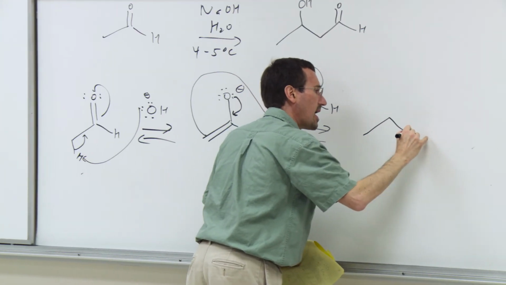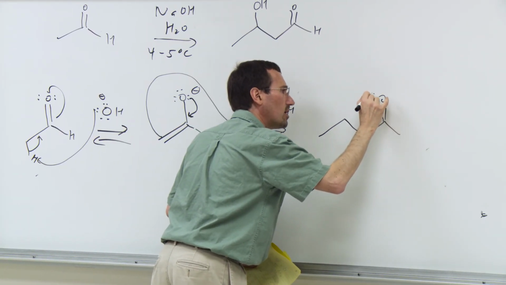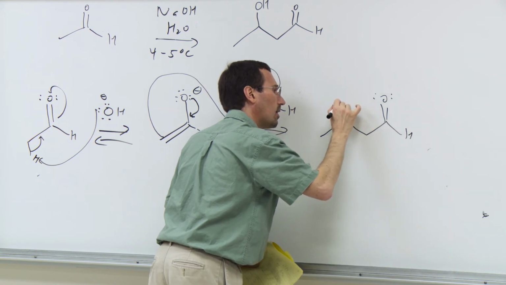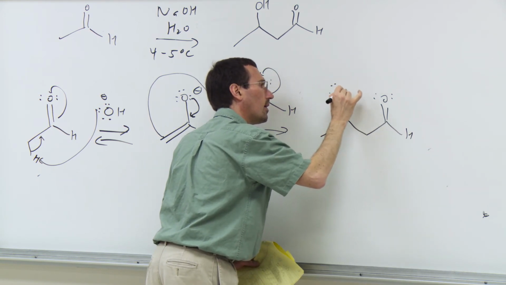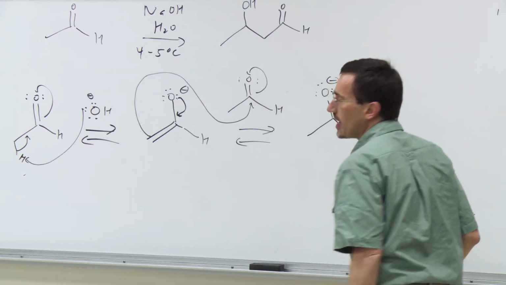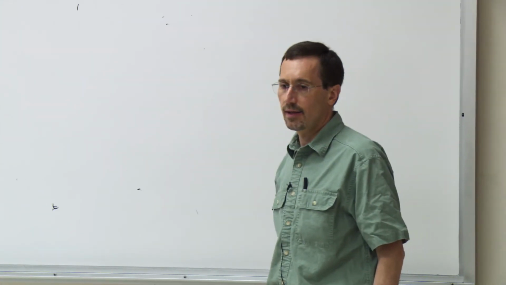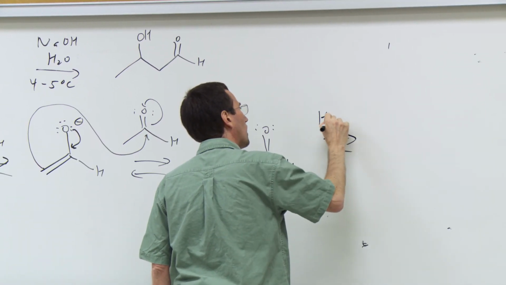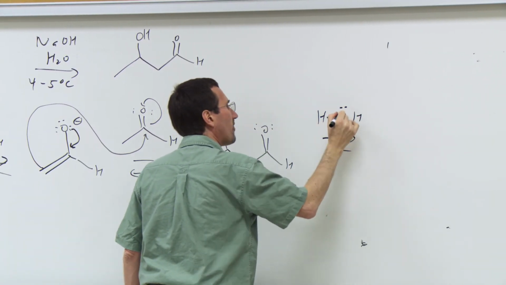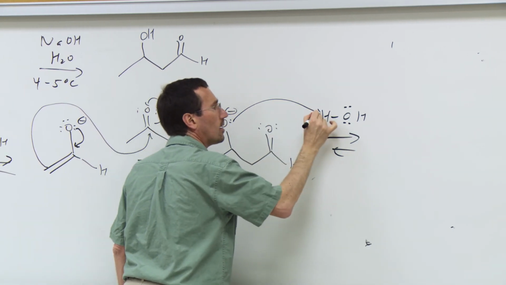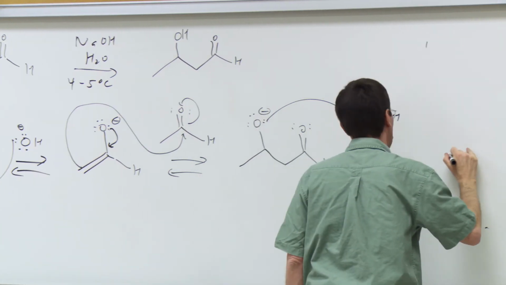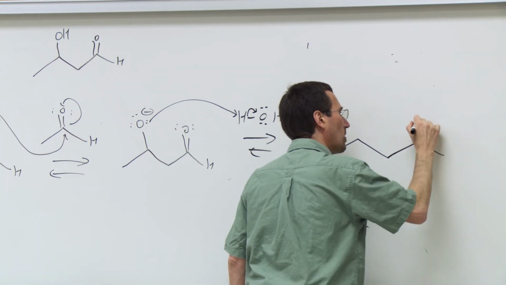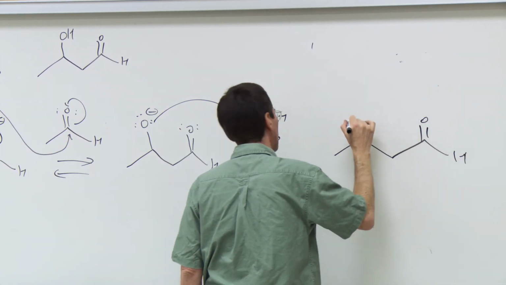And so the enolate adds to the corresponding carbonyl to give the aldolate. And the aldolate pulls off a proton from water to give the aldol product, which we can fish out.